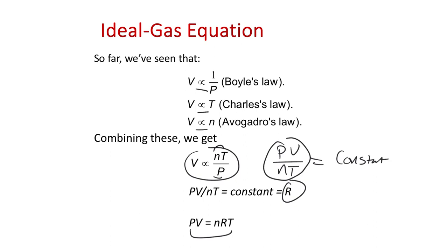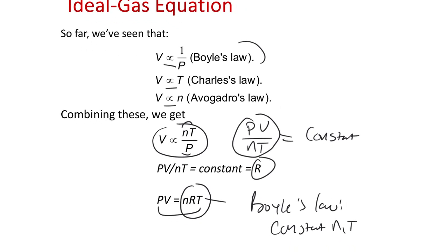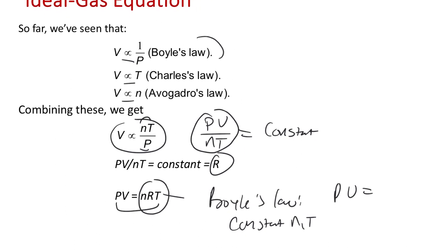And so if we now take a step back and go back to Boyle's law, if you remember, we had written P1 V1 equals a constant. Well, this is the constant. If we're changing pressure and volume at constant n and T, so if we go to Boyle's law, for example, Boyle's law has constant n, constant T, and because those are constant, that's why pressure times volume is equal to an entire set of constants.